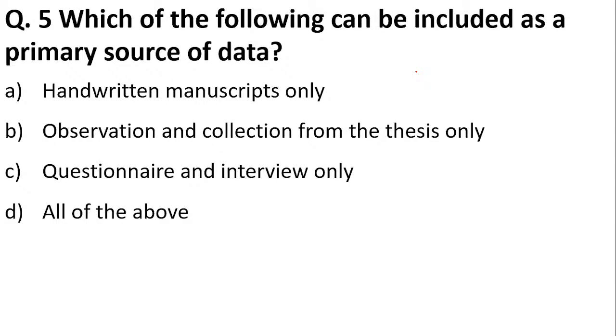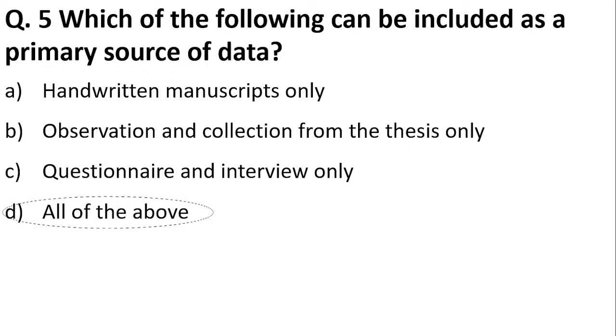Secondary source of data is something that somebody else has collected. So here handwritten manuscripts, observation and collection from thesis only, questionnaire and interview, all these are a kind of primary source of data.